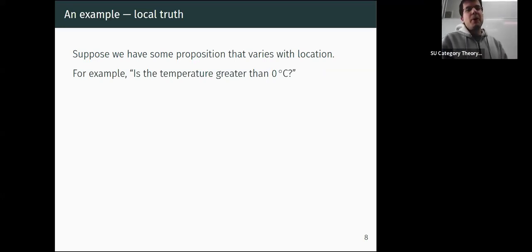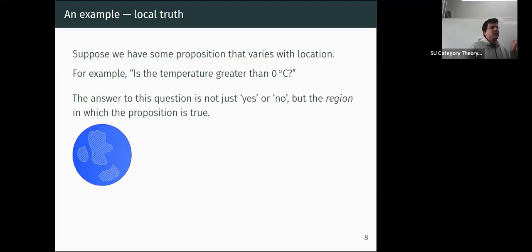So suppose we have some proposition, and the proposition depends on location. An example could be, is the temperature greater than 0 degrees? Now, it depends. Suppose we're somewhere on the Earth. This question will be true in certain places on the Earth and false in other places, right?